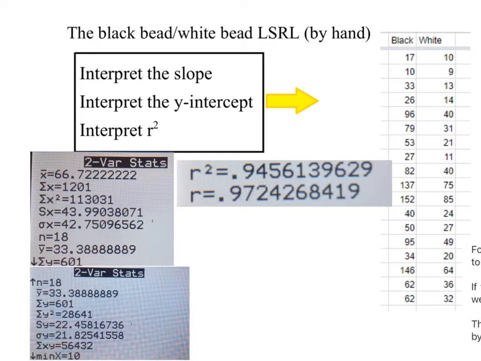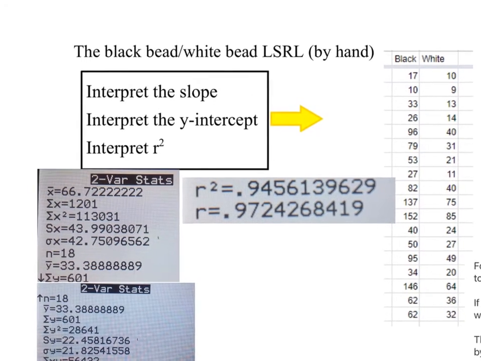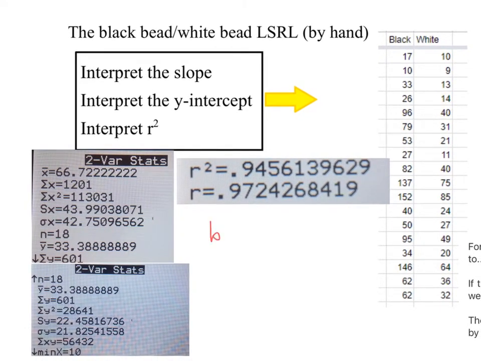So let's go to our formula. The slope, we said, was equal to correlation, which is really good, 0.972, multiplied by the change in y, 22.46, and change in x, which is 43.99. And if you actually type this in, this comes out to be 0.50, where it rounds to.